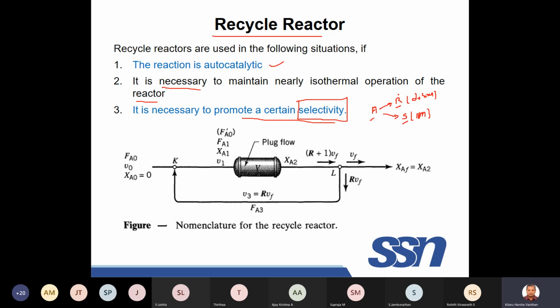So the ratio of the formation of R to S is called the selectivity.